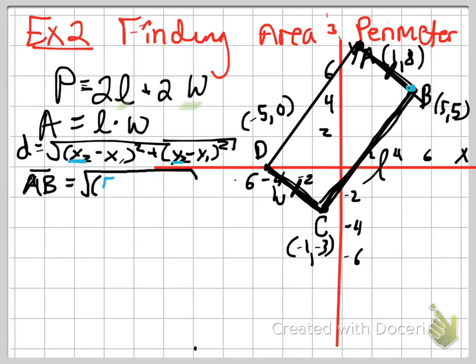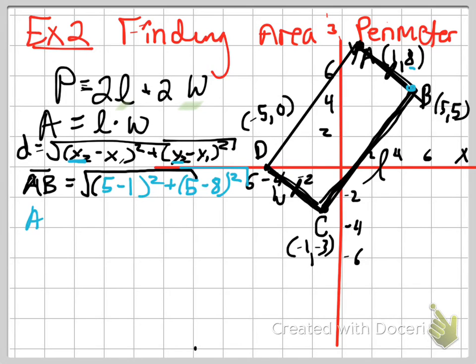So I'll do 5 minus 1 squared plus y2 is 5, y1 is 8, 5 minus 8 squared.